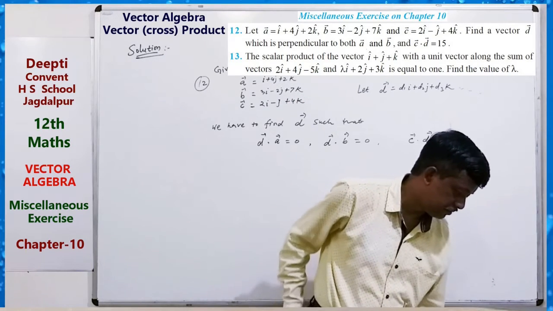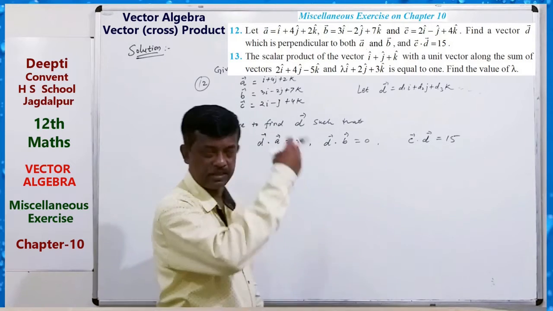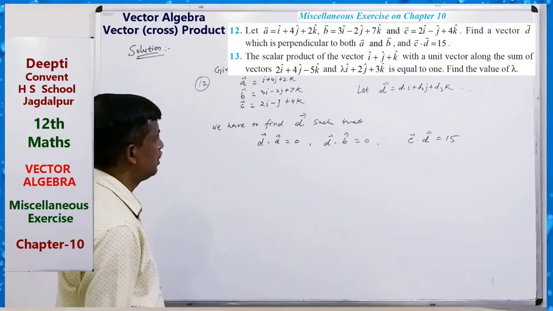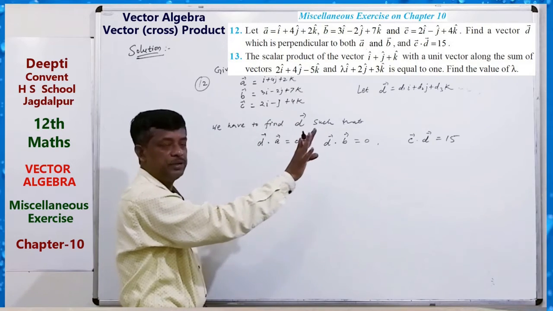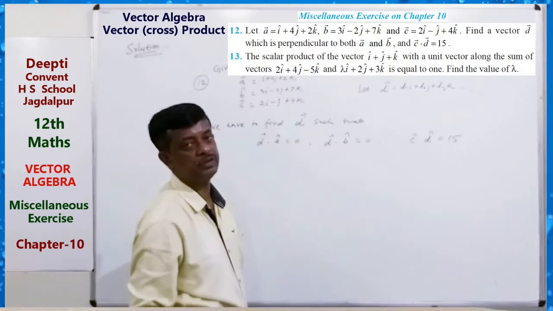Just like this. Okay, this is given. And also given that D is perpendicular to both A and B, and C dot D equals 15.